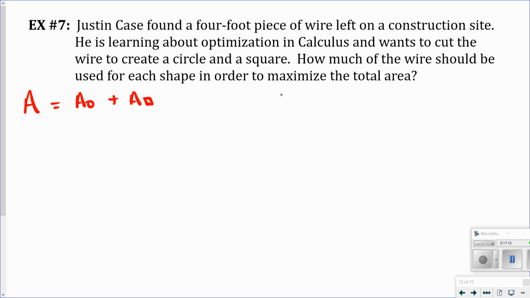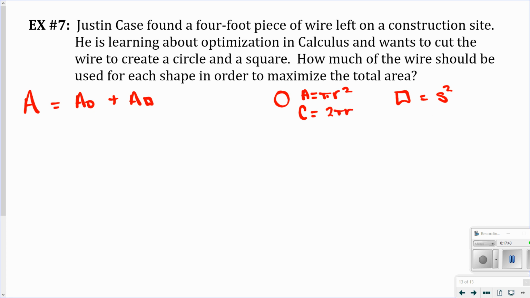So for a circle, area is found by taking pi times the radius squared. For a square, area is found by taking the length of a side squared. Now, because we're dealing with the length of the wire, we should also jot down our perimeter equation. So for circle, perimeter is circumference, which is 2 pi r.